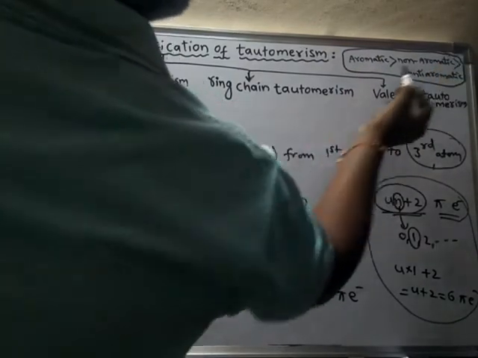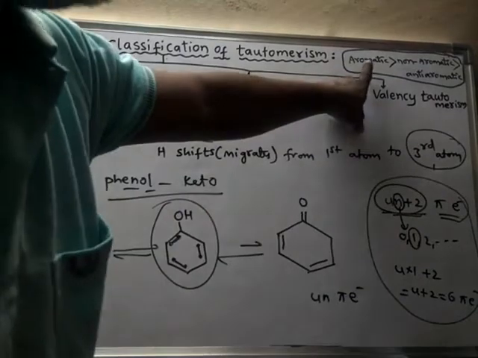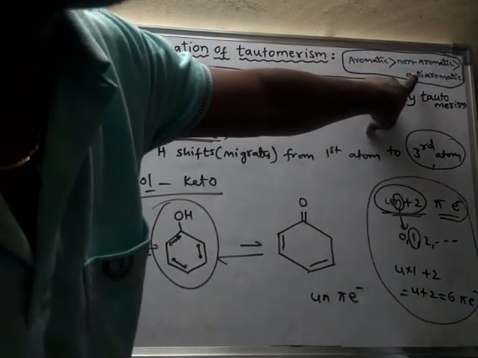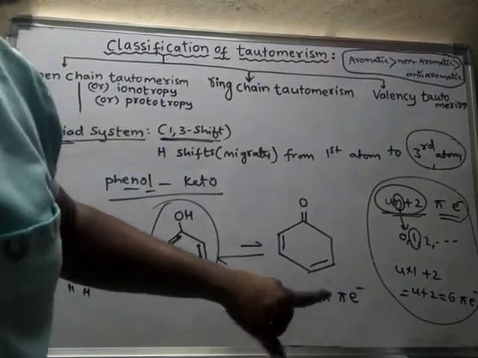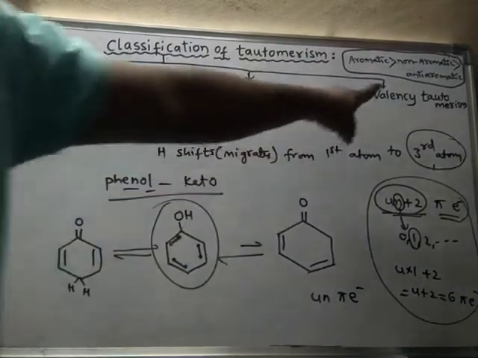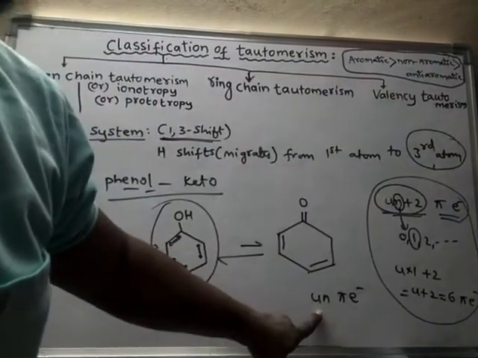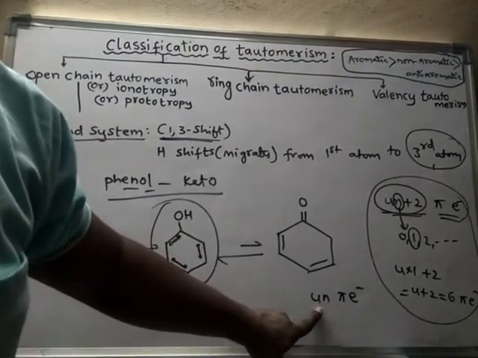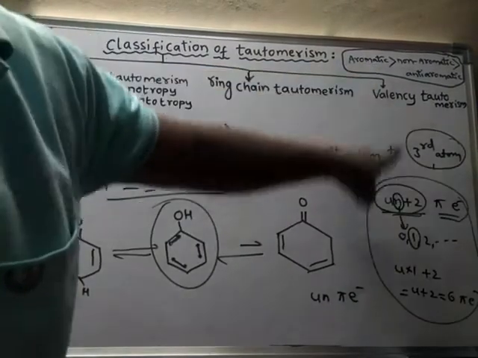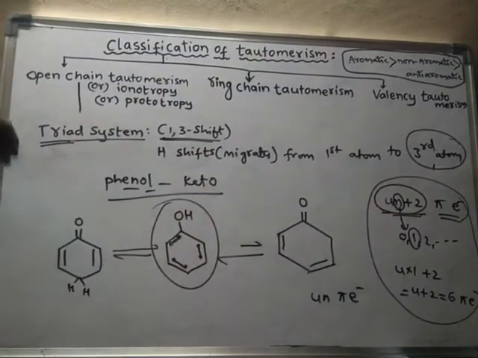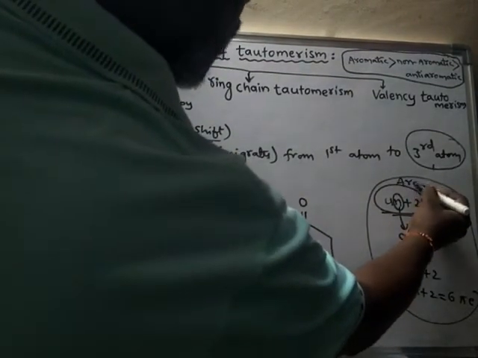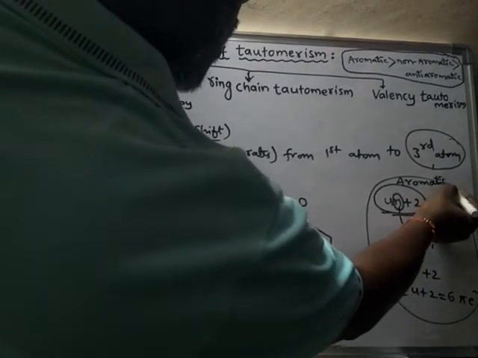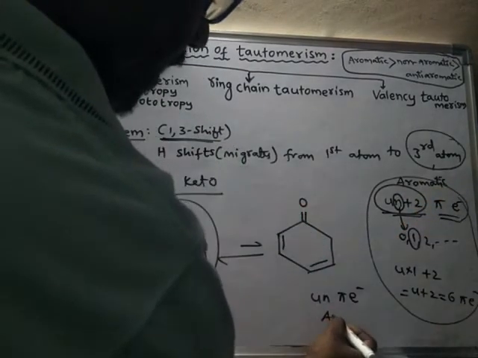Okay, so if a compound is not aromatic or anti-aromatic, then it is said to be non-aromatic. Okay, see here, for anti-aromatic there should be 4n pi electrons. For aromatic, 4n plus 2 pi electrons should be present. Okay, this is called aromatic. Here it is anti-aromatic.